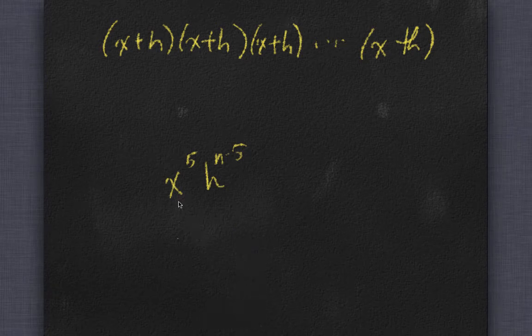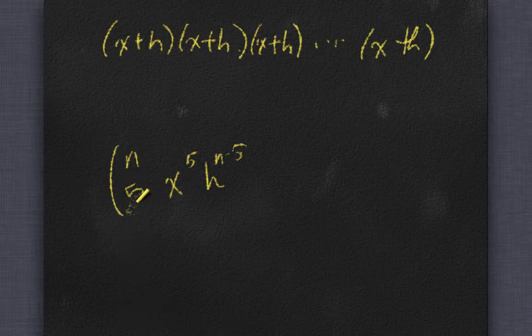The question is, how many ways could I have picked where my 5 x's came from? So out of these n binomials, how many different ways could I have chosen my 5 x's?